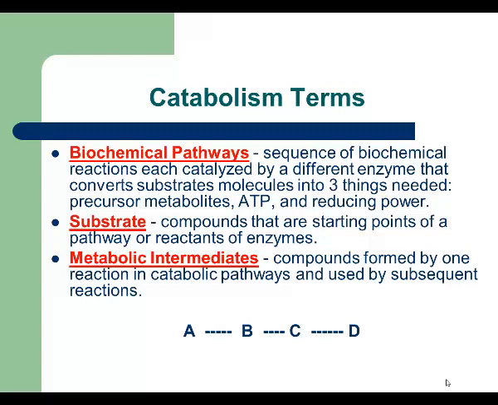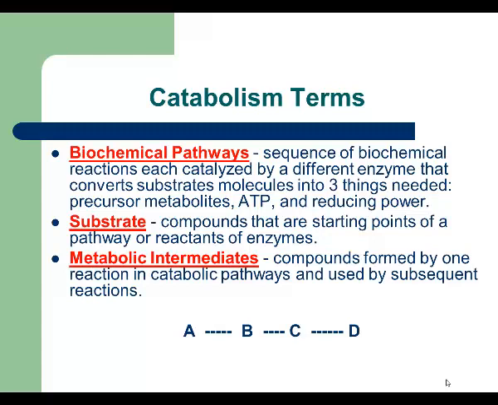For example, let's look at the bottom of the slide. You see A, B, C, D. Let's say that is a chain of biochemical reactions, or we call them biochemical pathways. For this reaction, A, B, C, D, it's a long reaction, right? A will be a starting point, will be a substrate.